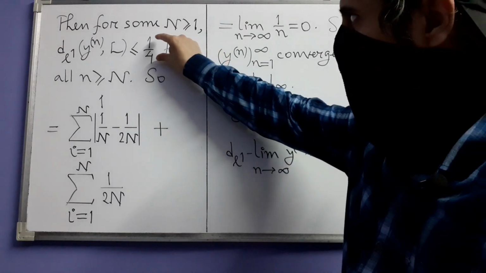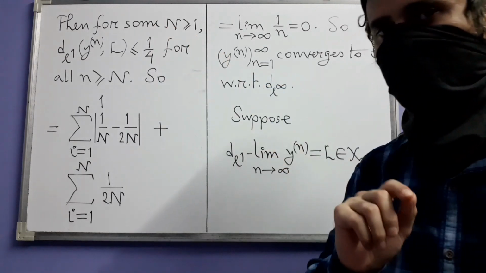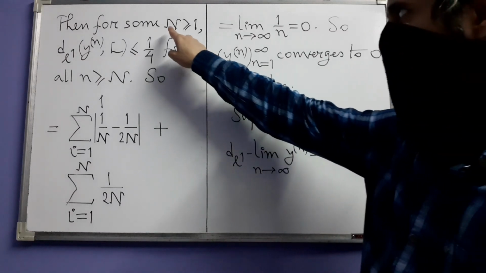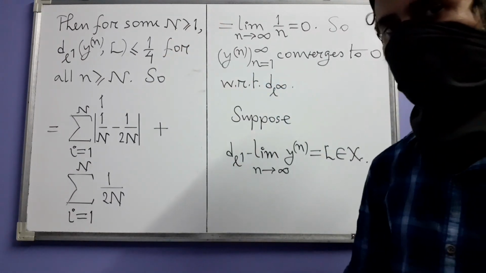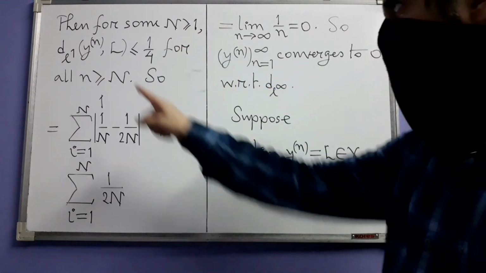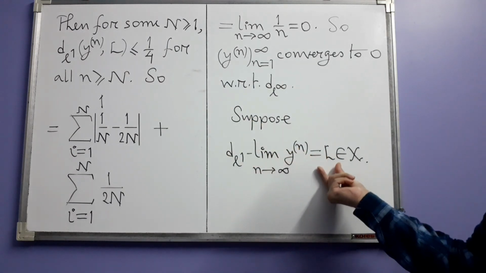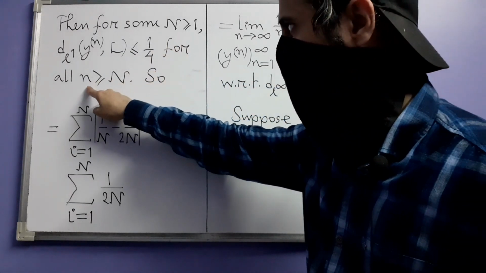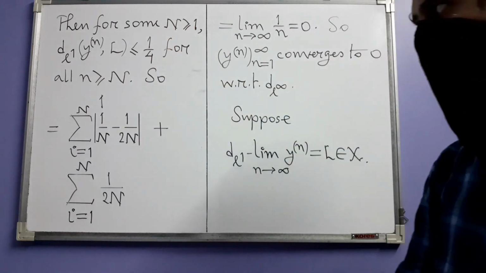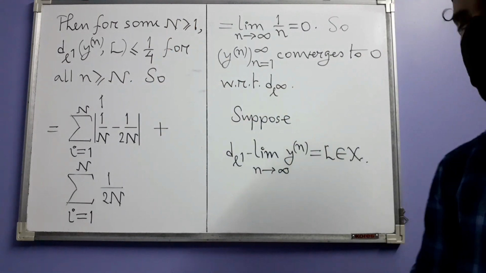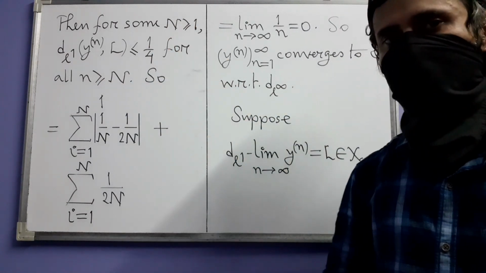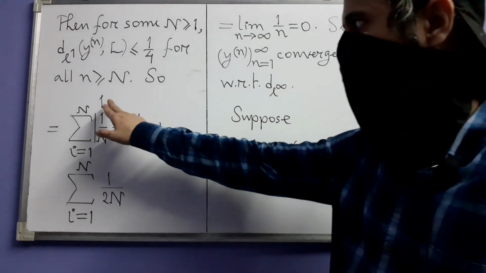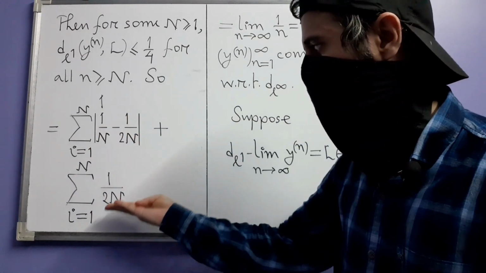But what do we get from this supposition? If you consider this specific value of epsilon, 1 divided by 4, then because of this convergence there exists a positive natural number capital N such that the dl1 distance between yn and L is less than or equal to 1 divided by 4 for all n greater than or equal to that N. Alright, and now next we start a calculation, for which you can see the first part. 1 is equal to this sum plus this sum.